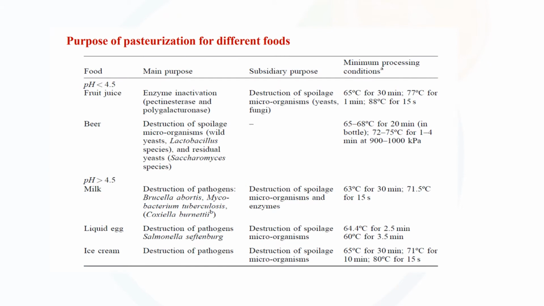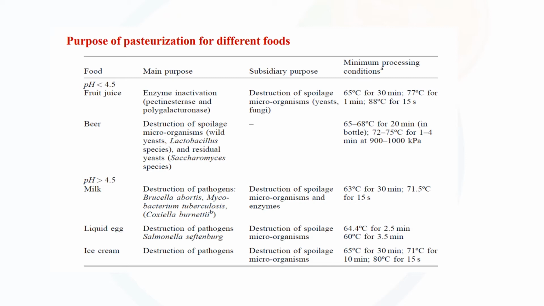Now the purpose of pasteurization for different foods. For foods with pH less than 4.5, like fruit juice, the main purpose is enzyme inactivation and destroying spoilage microorganisms like yeast and fungi. The minimum processing condition applied is 65 degrees Celsius for 30 minutes or 77 degrees Celsius for 1 minute.